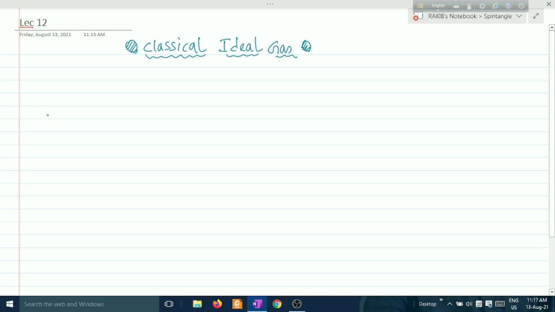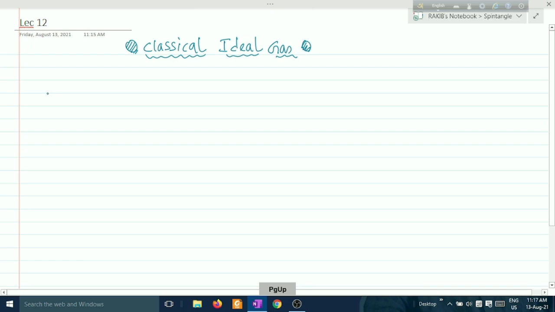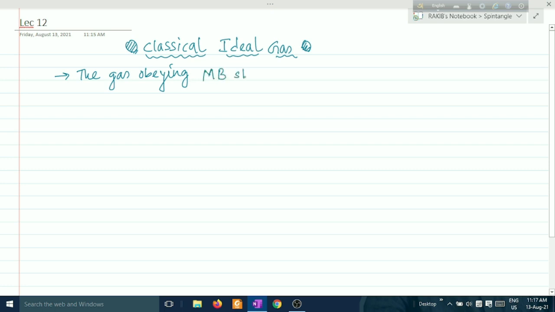What is a classical ideal gas? A classical ideal gas means the gas obeying MB statistics, Maxwell-Boltzmann statistics. Okay, this is all.